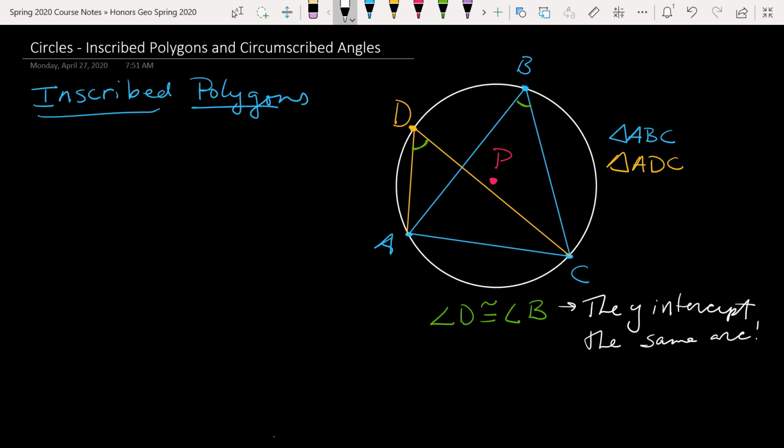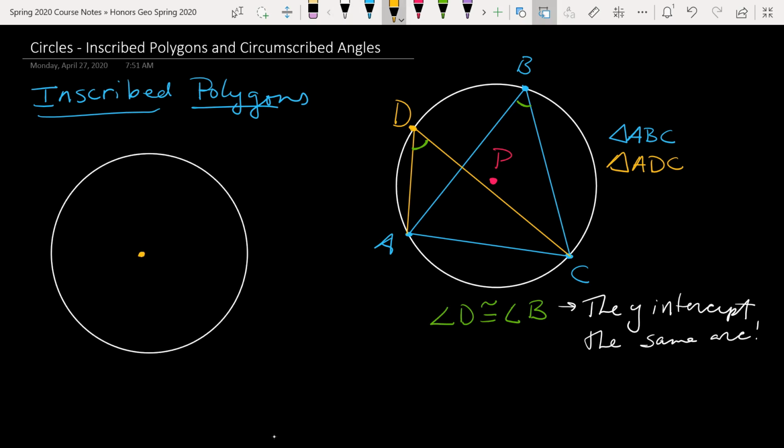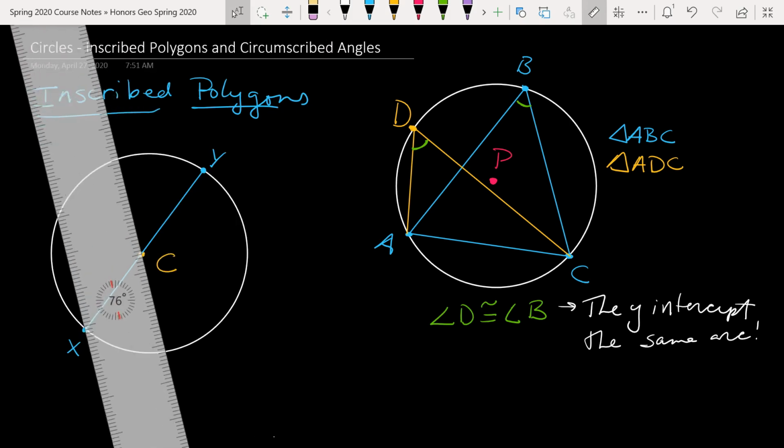The theorems we're going to look at today all have a bit of this trickery about them. For instance, consider this situation. Let's say we have circle C with diameter XY. And let's say that XY is one side of an inscribed triangle. I'll just arbitrarily draw the rest of that triangle in here.